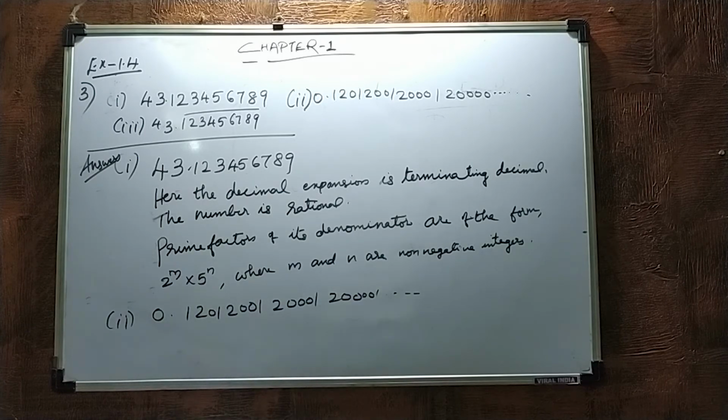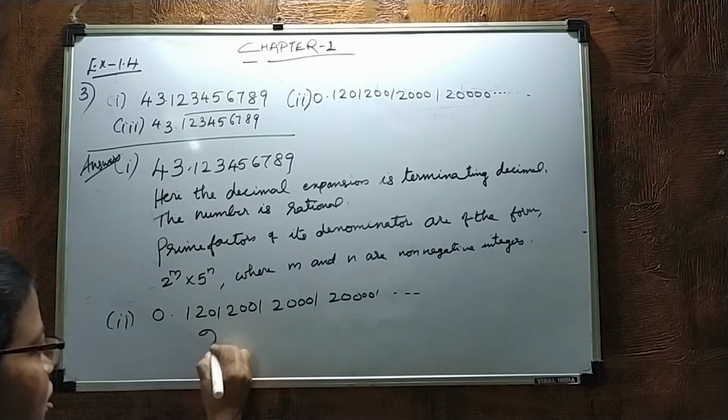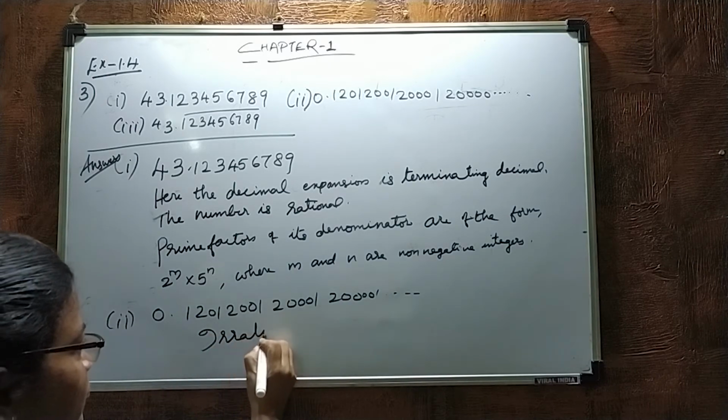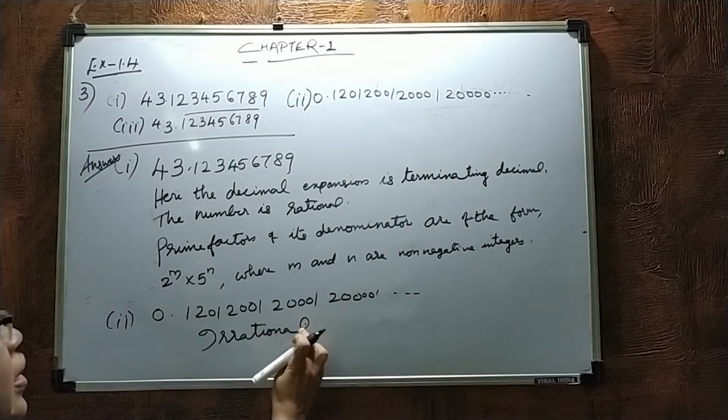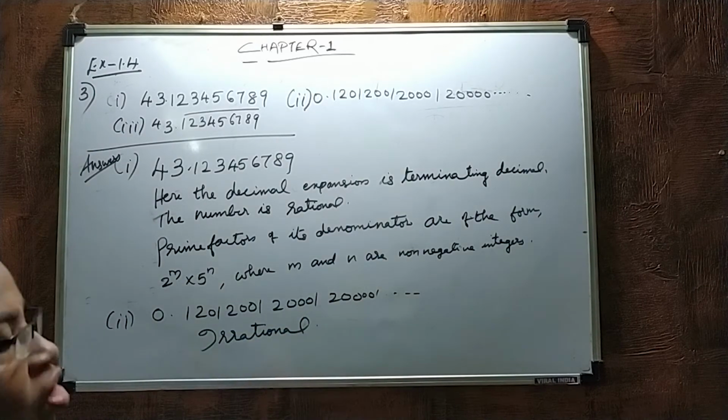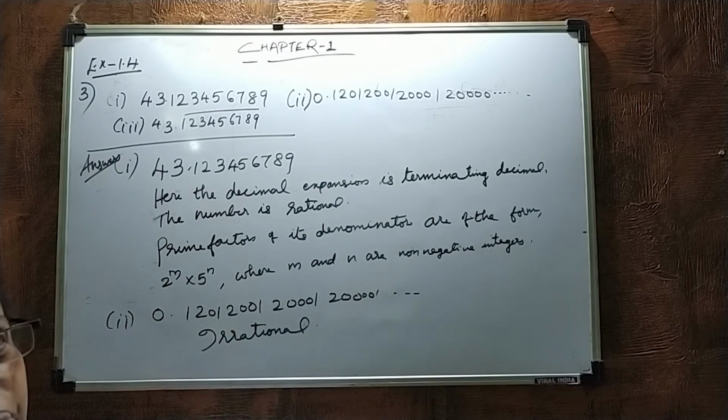It is non-terminating, but it is not repeating. So what can we say then? Is it rational or irrational? It is irrational. Right? That means no need to find out the form of q.